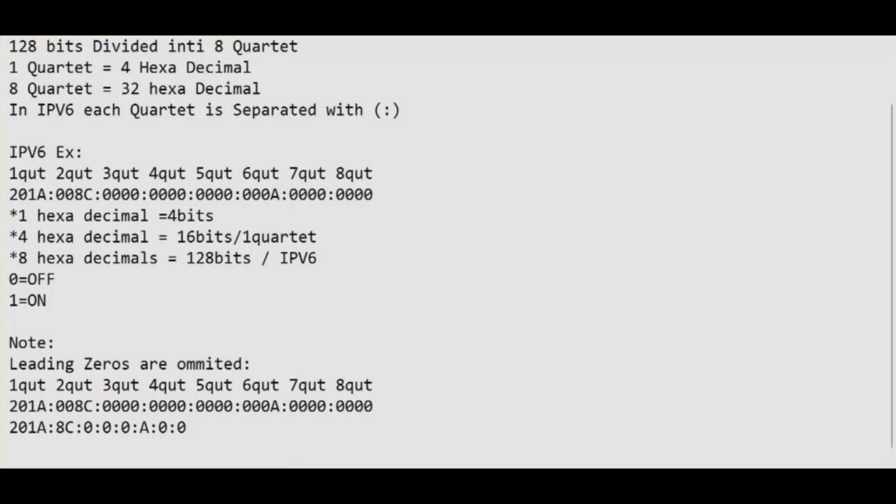I'll show you. See, this is your first quartet. 8C. Instead of writing the full quartet, we can also write like this. And this is 0. Instead of writing the complete address, we can write like this.